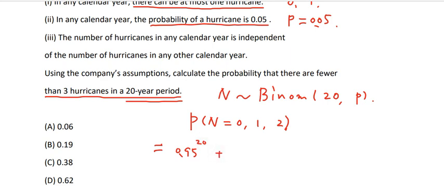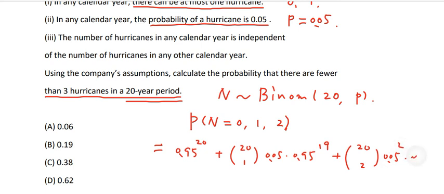Plus N equals 1: happens once is 20 choose 1, this thing happens once and this thing does not happen 19 times. And here 20 choose 2: happens twice, so 0.05 squared, and 0.95 to the 18. So this is the probability.